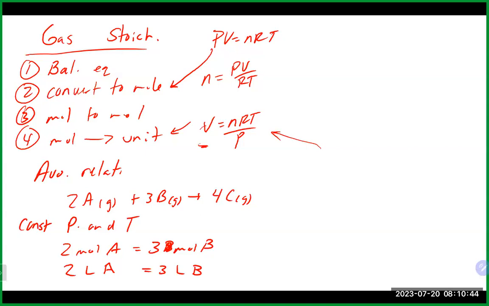But it really does have to be the specific conditions of constant pressure and temperature, which is what we see in Avogadro's law.